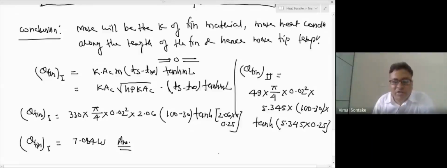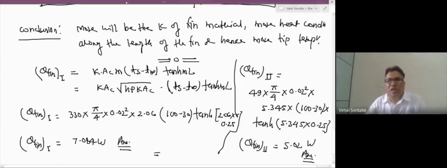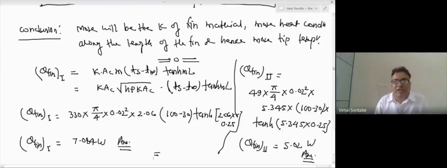So for case 2, heat transfer from the fin made up of steel will be 5.02 watt. Like that, you can calculate heat transfer from the fin as well.